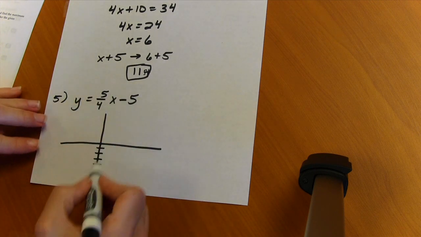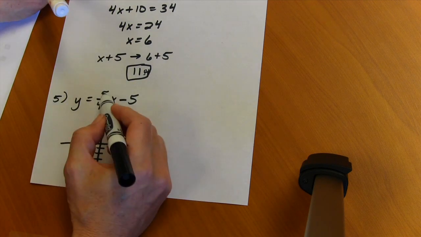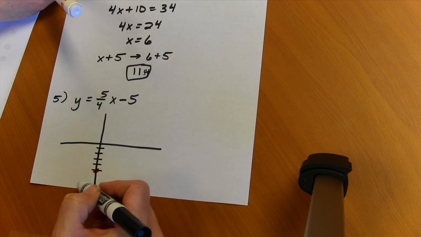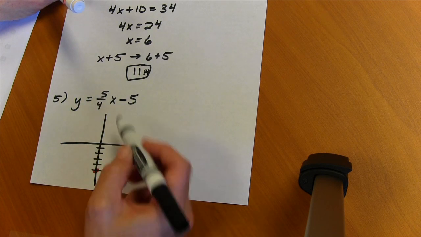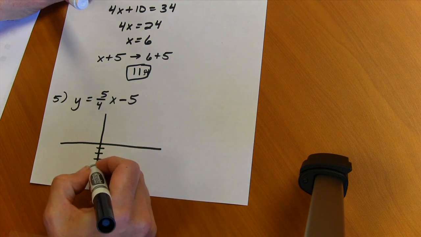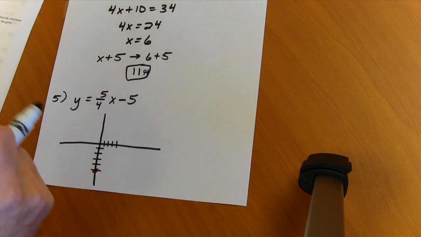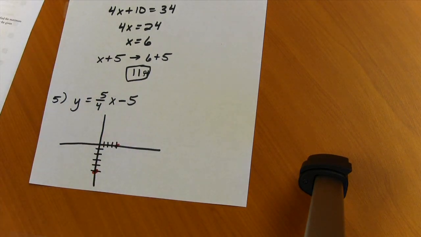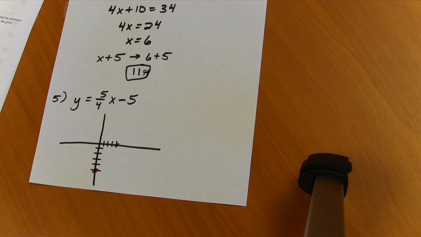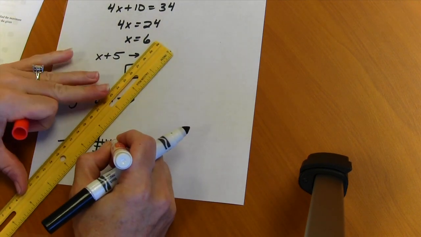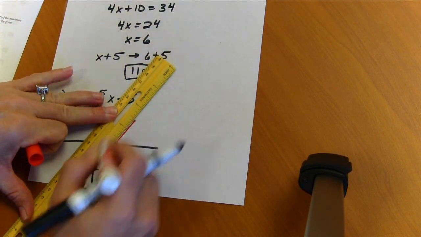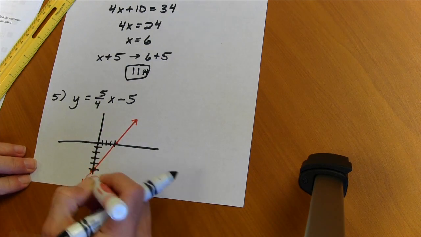Plot your b, the y-intercept. Our slope is positive, so you know ultimately it should be going up from left to right. Rise over run, up 5, 1, 2, 3, 4, 5, over 4, 1, 2, 3, 4. And plot that. You can make it a nice straight line if you use a ruler. Of course, we want to put arrows on the ends because the line goes on without ending.